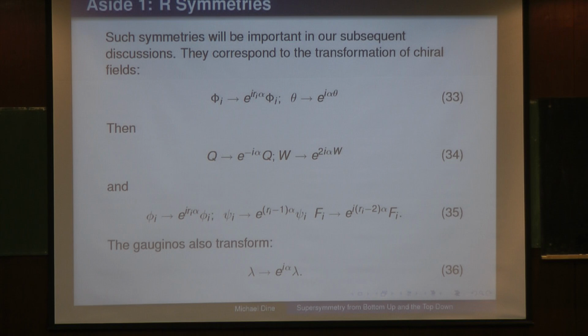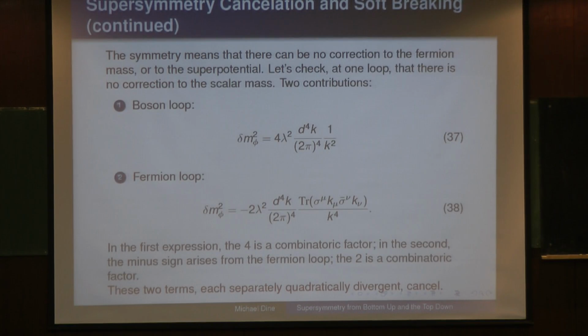I'll skip this because we talked about this quite a bit, but there's this general statement about R symmetries. We talked a little bit about the radiative corrections to the scalar mass, and we saw that there was a bosonic contribution and a fermionic contribution. These two terms cancel. There was some 4, which is a combinatoric factor, which I'll let you work out.